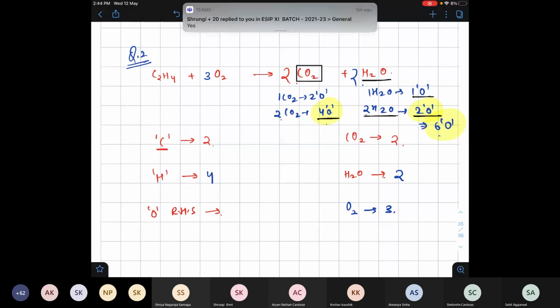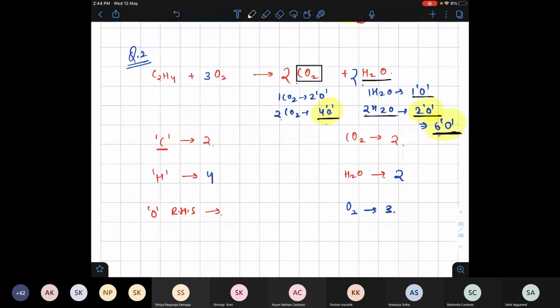So 4 plus 2 is 6. Right hand side we have 6 oxygen, so we'll take half of that. Okay.